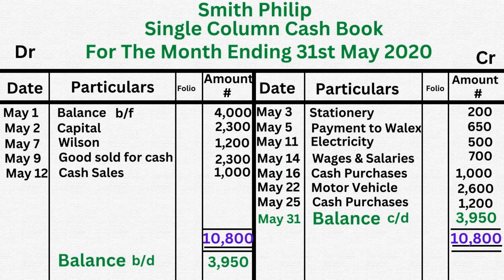It is then brought down to the debit side of the cash book, indicating the balance brought down, balance B/D. Note that 1st June is written as the corresponding date to this item. This shows that this balance brought down represents the cash at hand.